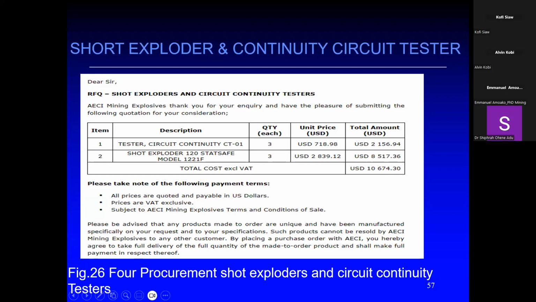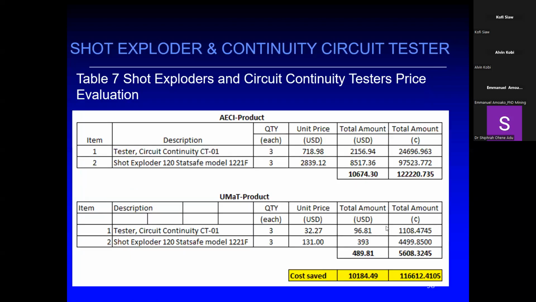Now let's see something interesting over here. So this is the product from AIC, which was procured. Now, if you look at our own that we did, you can see over here that this was the total cost, which is $489. Now, out of this, you can see that this is the total amount in cedis that was used.